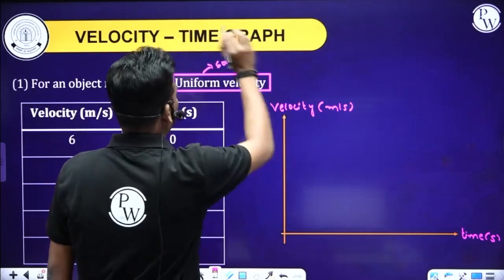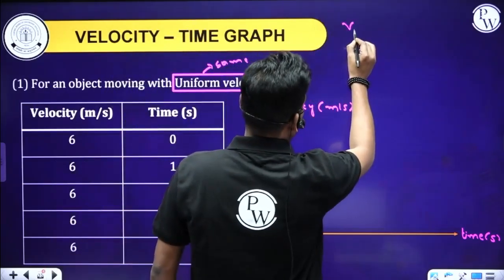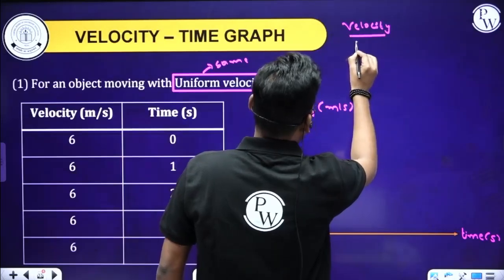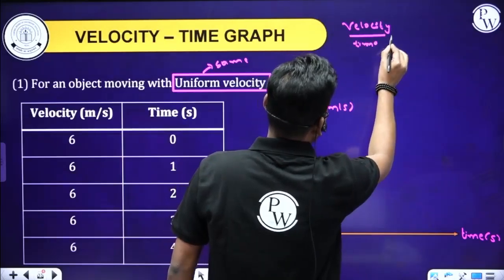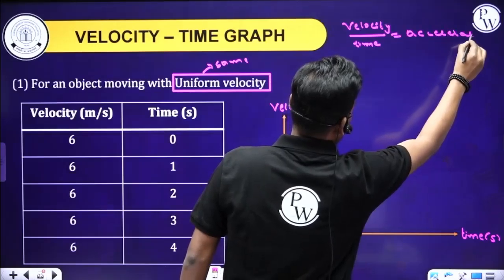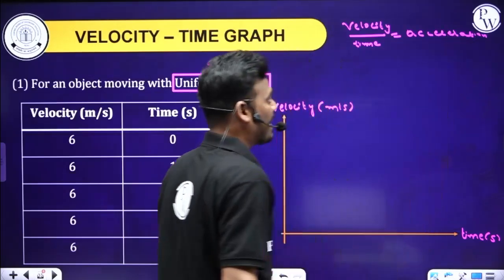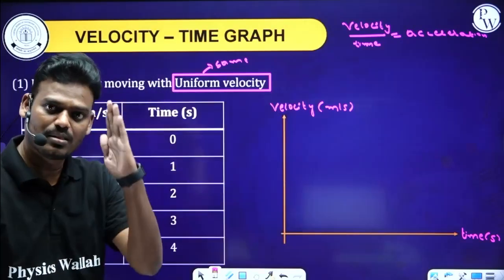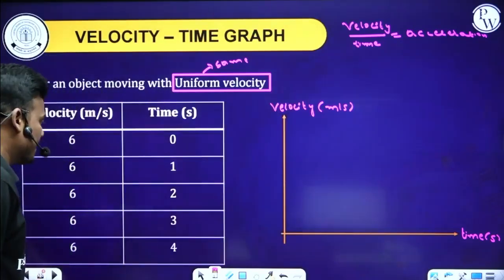And here, velocity divided by time, what will you get? Acceleration. So from the graph, how do you calculate acceleration? By slope.